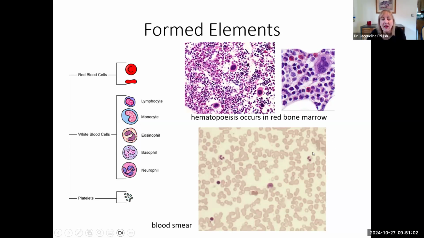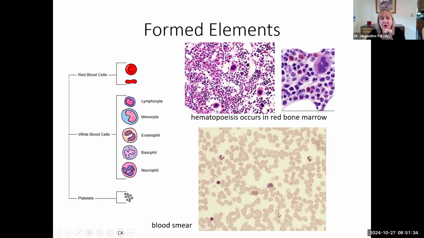So when you look at blood, the first thing you notice is most of these cells do not have a nucleus, because I can point like 1, 2, 3, 4, 5, 6. Only 6 of these cells have a nucleus. So those 6 cells are going to be white blood cells.